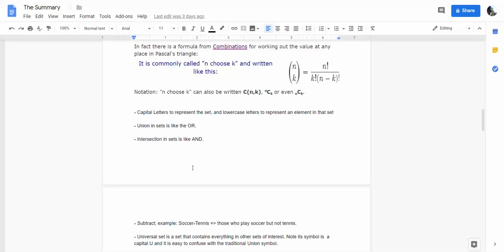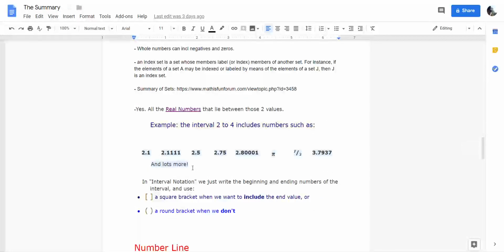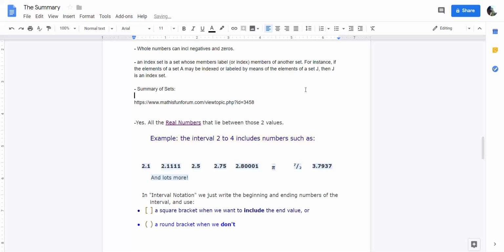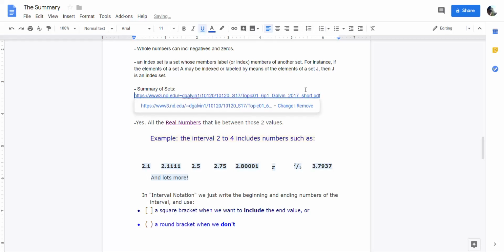Where are the links? Yeah, summary of sets. Should have this dropped below.